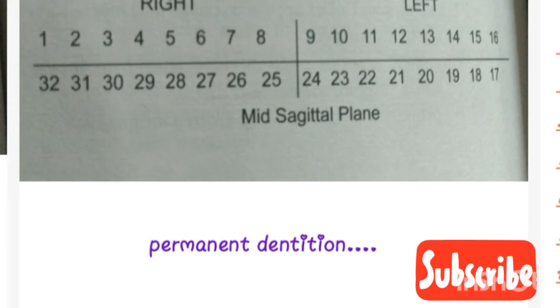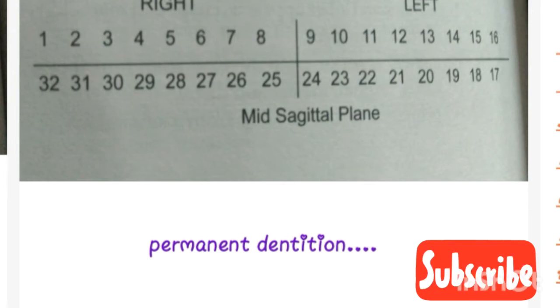1 is used for the right maxillary third molar, and the number 32 denotes the right mandibular third molar.